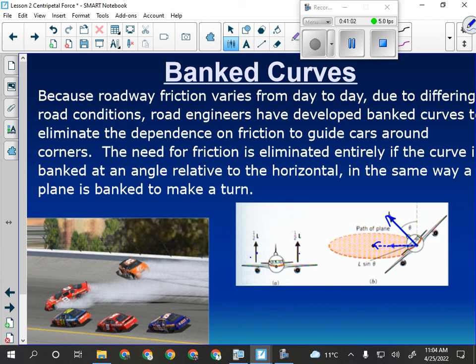What does the plane do at the same time? It drops. If you require this much total lift to stay level, as soon as you bank, part of that lift is now directed this way. So you don't have nearly as much force directed straight upwards as you had before. So a plane will start to descend.